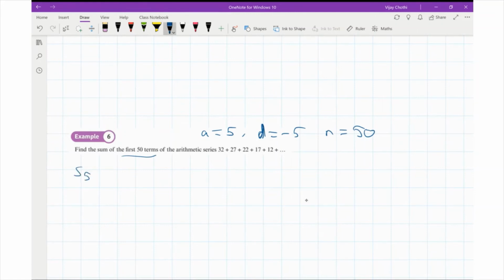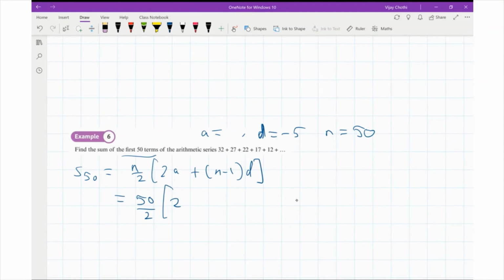Okay, so according to the formula, it's n over 2, 2a plus n minus 1 d. So you just plug in the numbers, 50 terms required over 2, 2 times the first term. Sorry, the first term is 32.